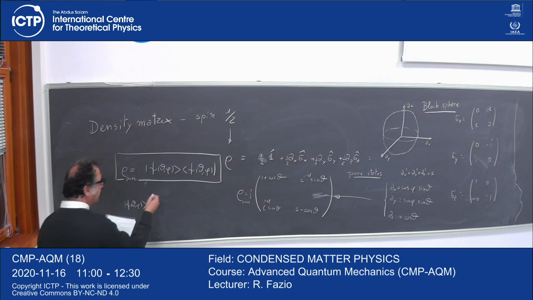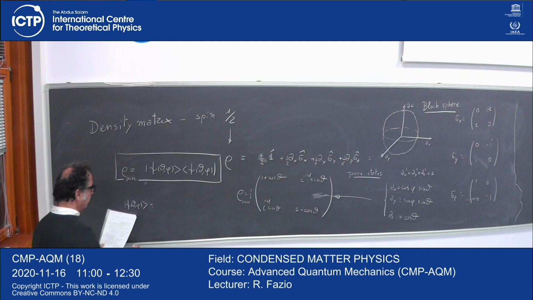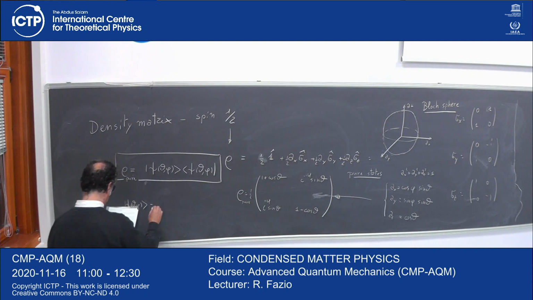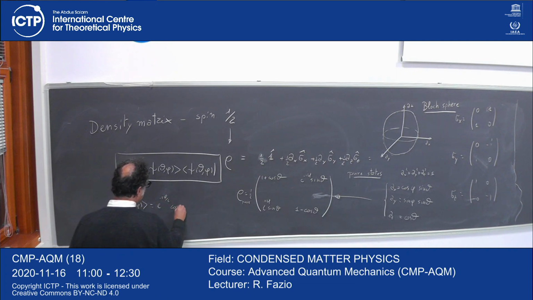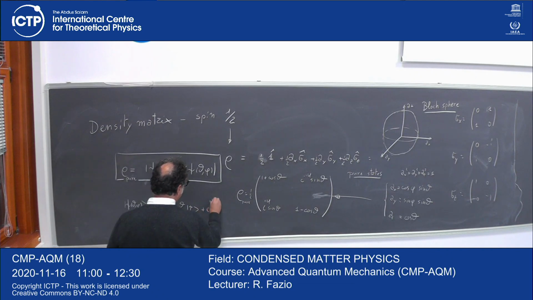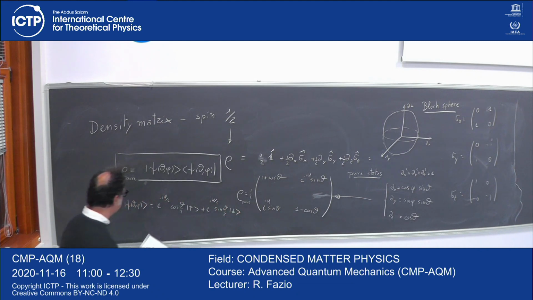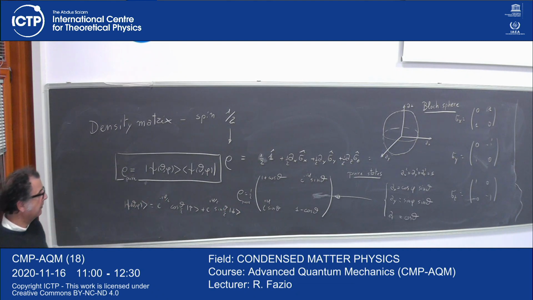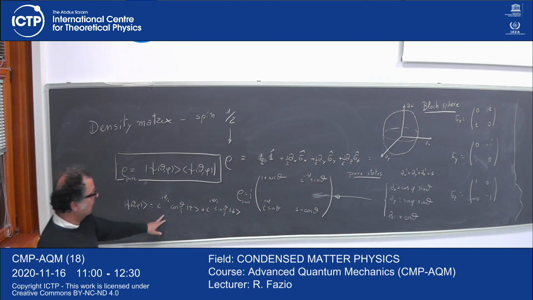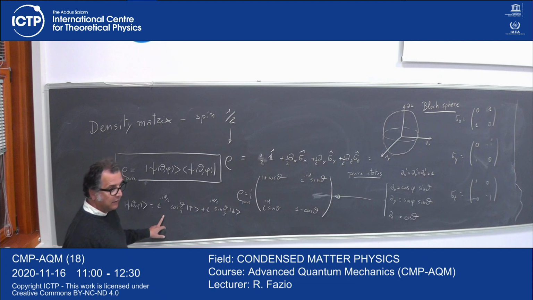I just write the two components: e to the minus i phi over 2 cos theta over 2 up, plus e to the i phi over 2 sine theta over 2 down. This is the associated wave function.